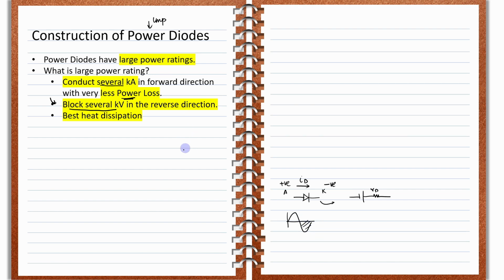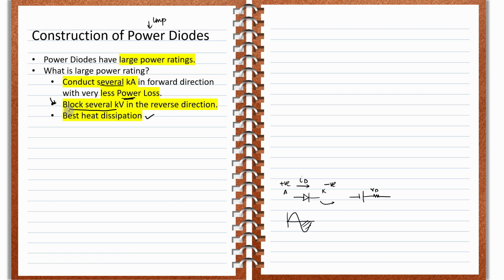The diode should be capable of blocking this reverse voltage without getting damaged. That is the basic idea of blocking several kilovolts in the reverse cycle. And it should also have good heat dissipation characteristics. Naturally, when a high amount of current flows, there are going to be losses associated, so it should have good heat dissipation.